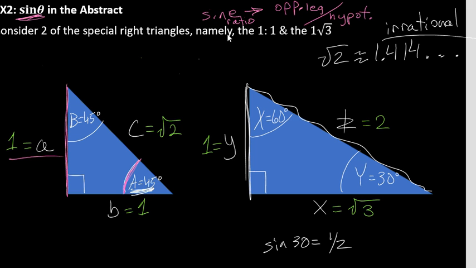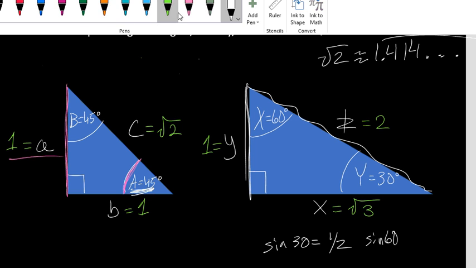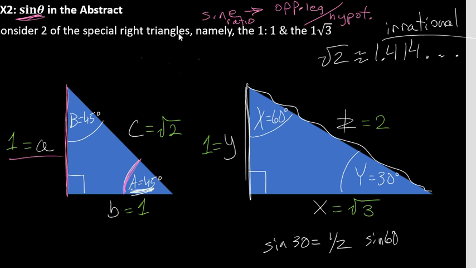That would be the sine of 30. And what about the sine of 60? I'm going to go ahead and use another color here. The sine of 60 would be opposite over hypotenuse, so that would be square root of 3 over 2.